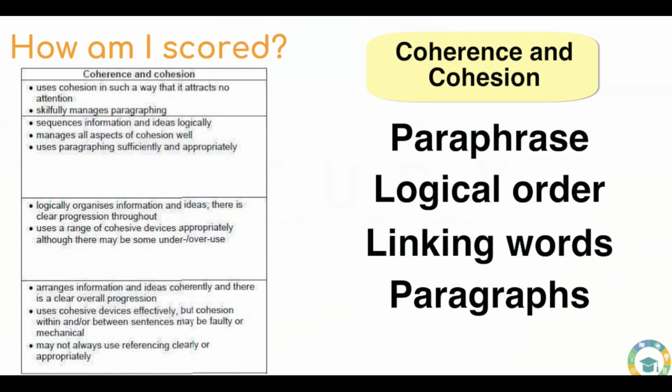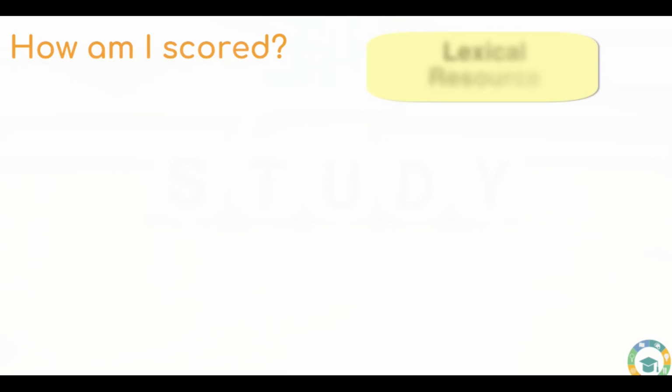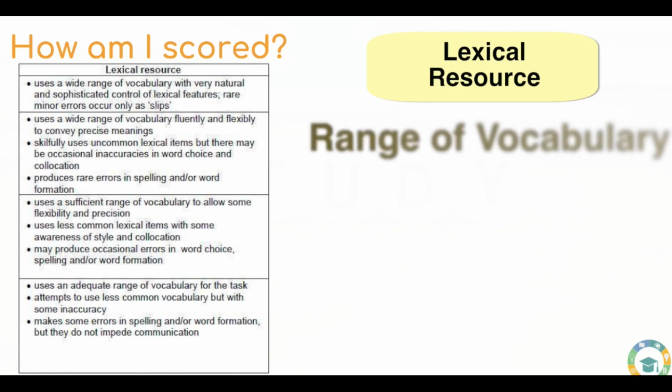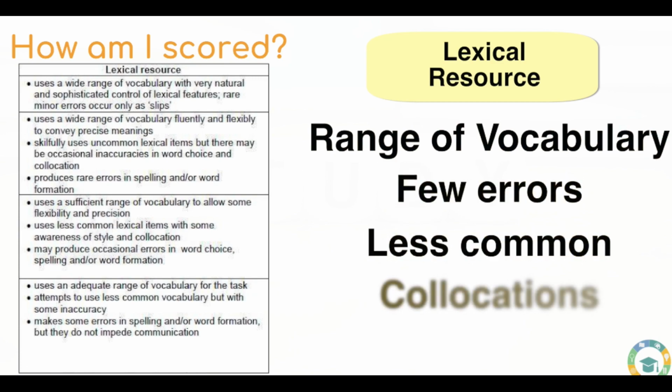Now let's see the band descriptors for lexical resource. To score highly here, you must use a wide range of vocabulary and not repeat yourself too often. There should be few errors in the use of your vocabulary and as well in your spelling.